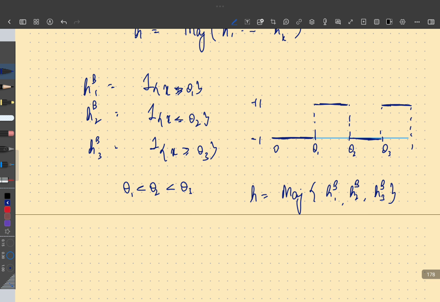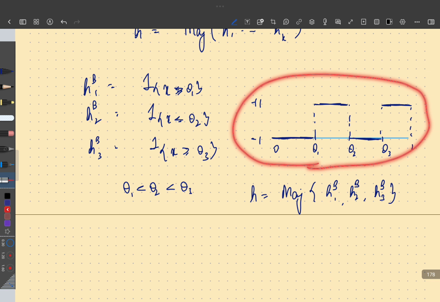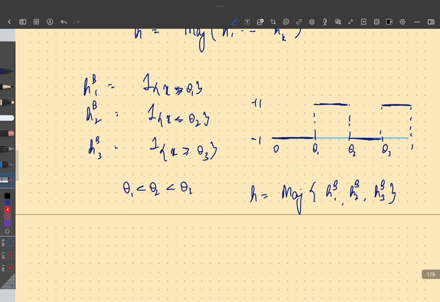So right now all I did was take a bunch of threshold classifiers and combine them using a majority rule. And I got this particular predictor which does not lie in the base hypothesis class.